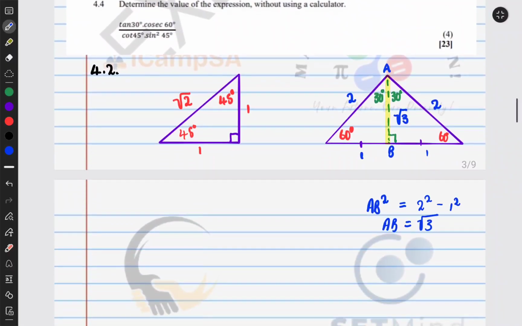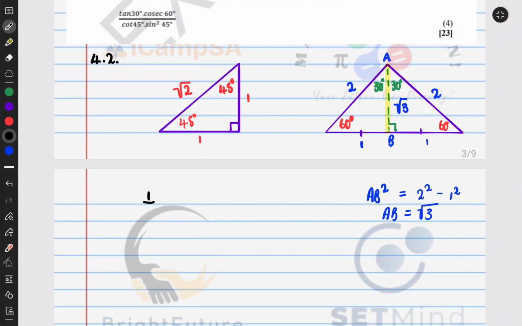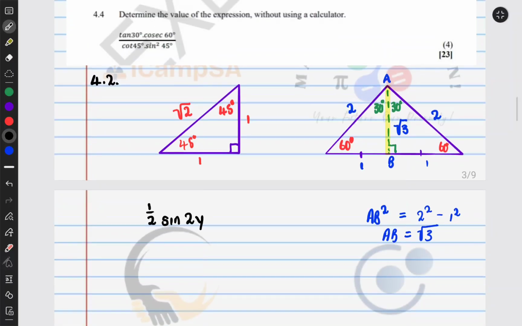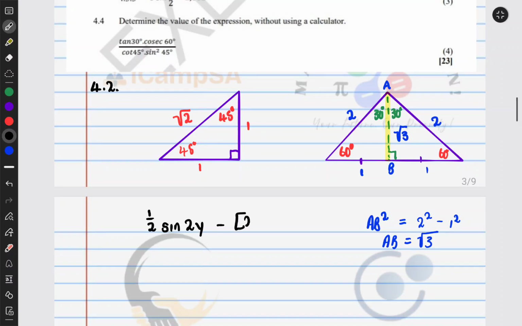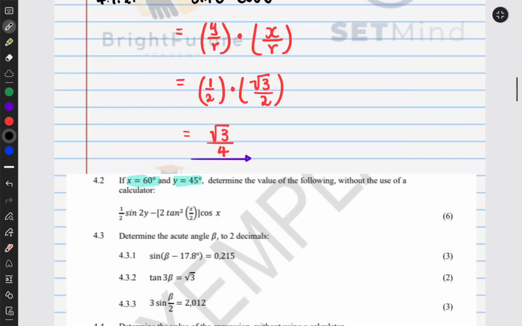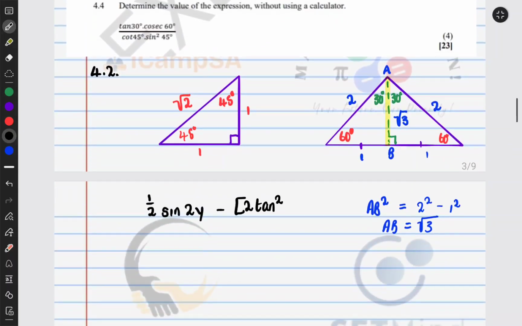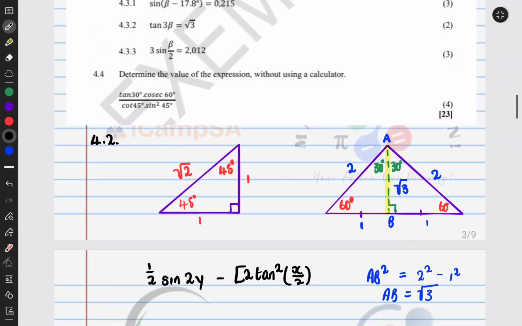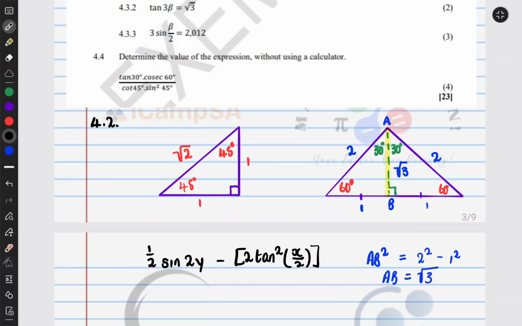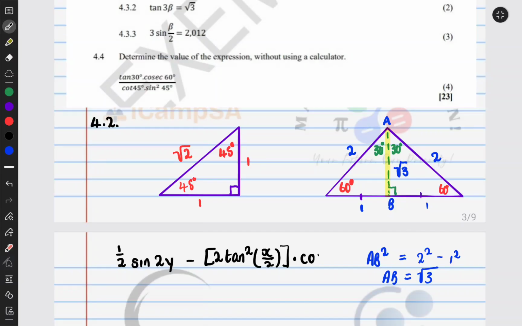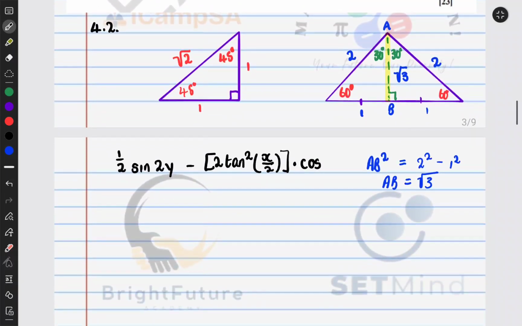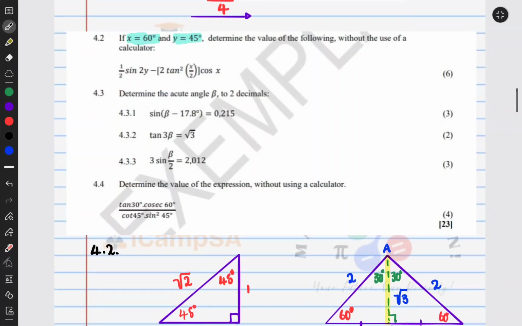So we are given 1 over 2 sine 2y, minus open bracket 2 tan squared, half angle x over 2, close brackets multiplied by cos x, and this is what we have to actually simplify.